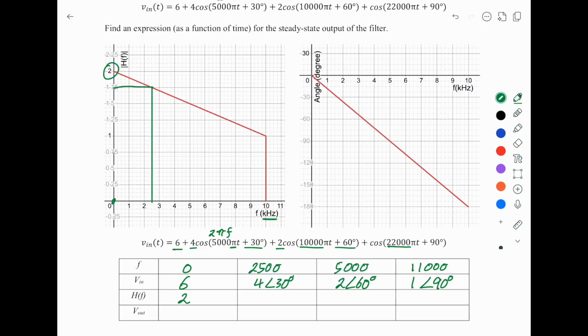And this one is 1.75. And if we look at 2.5 kilo here, this is a negative number, and this is minus 30, minus 60, so this is in between, so this is minus 45.